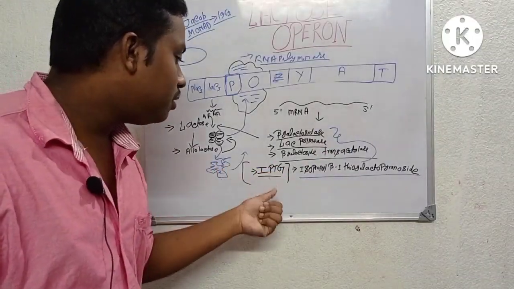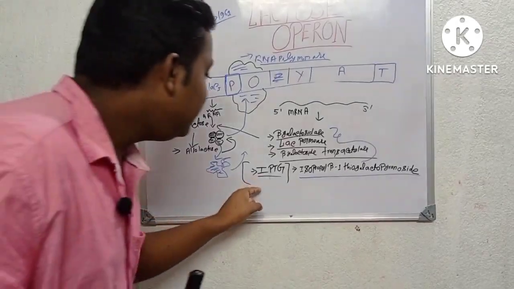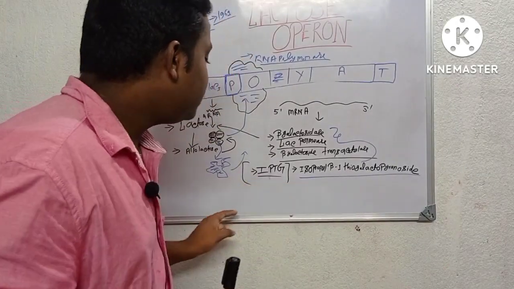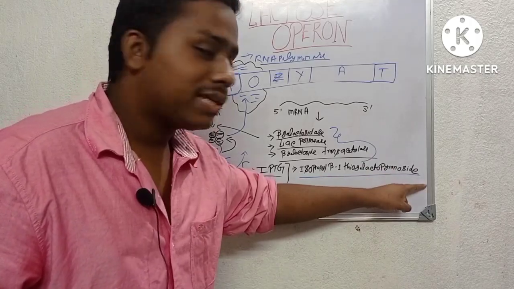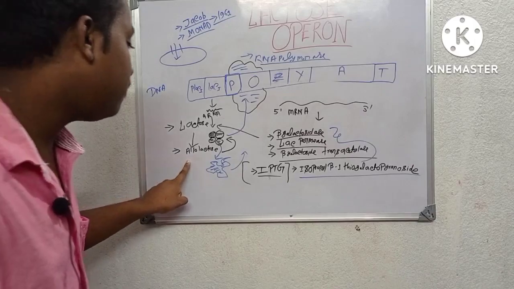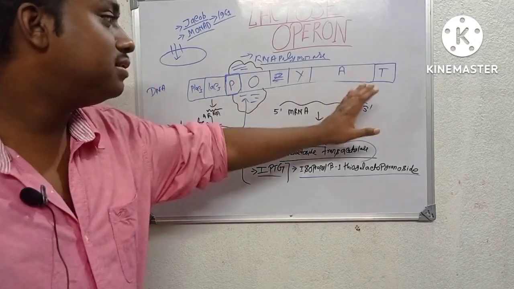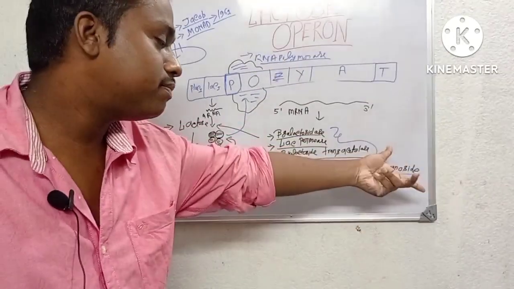Even in the presence of IPTG: IPTG is a synthetic inducer. This is a synthetic molecule, isopropyl beta-D-thiogalactopyranoside. This molecule mimics the structure of allolactose and activates this whole gene transcription, whole gene expression actually.